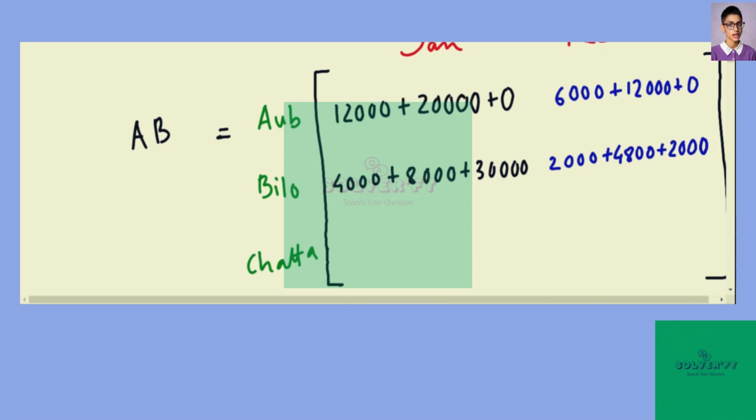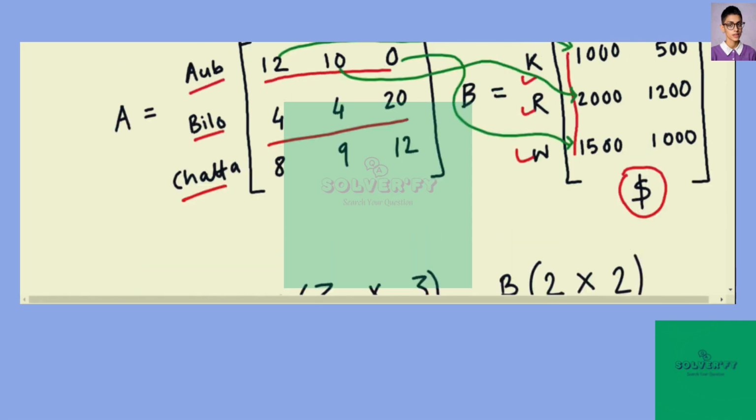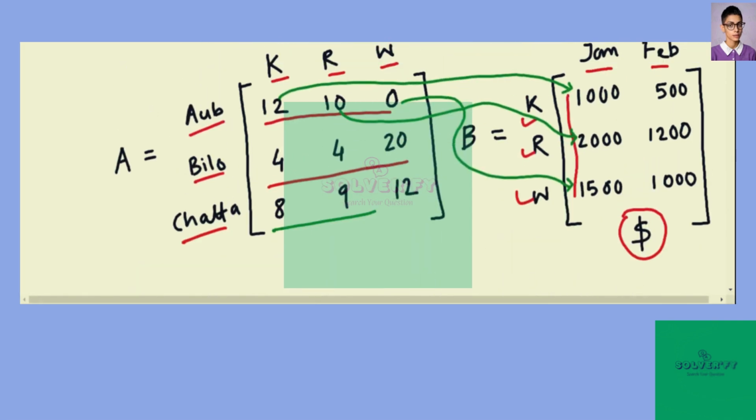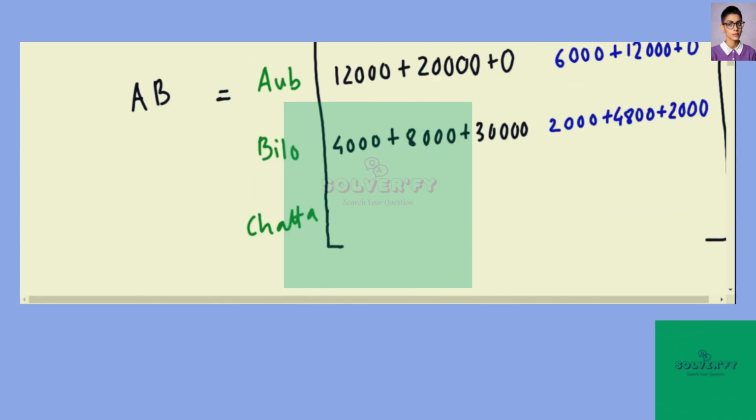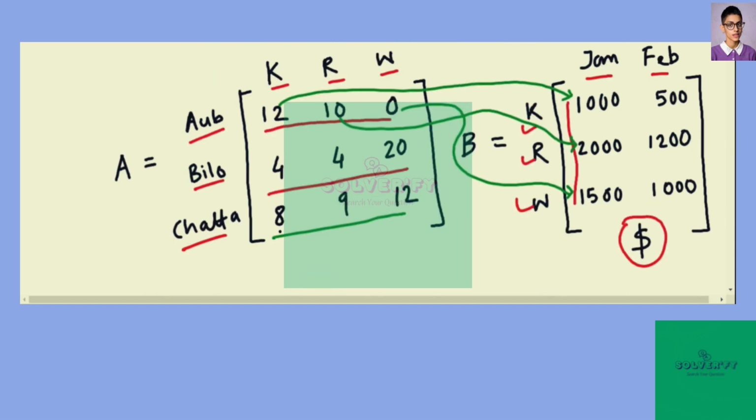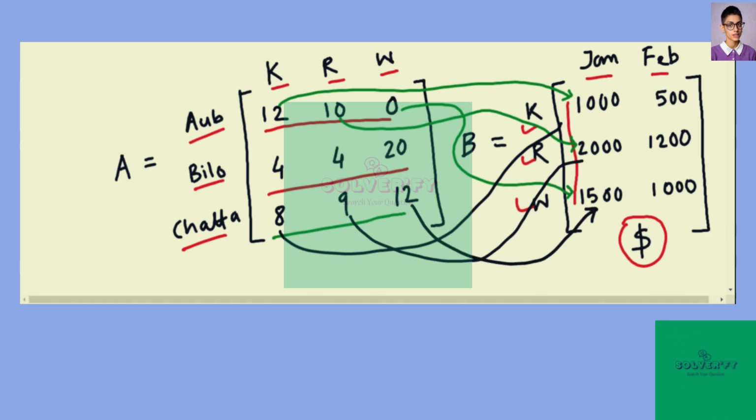For the last row, we will multiply the last row of A with all the columns of B. So 8 into 1000 is 8,000, 9 into 2000 is 18,000, and 12 into 1500 is 18,000.